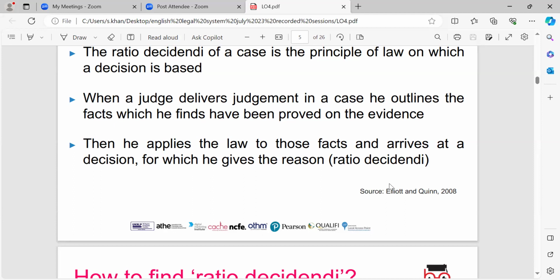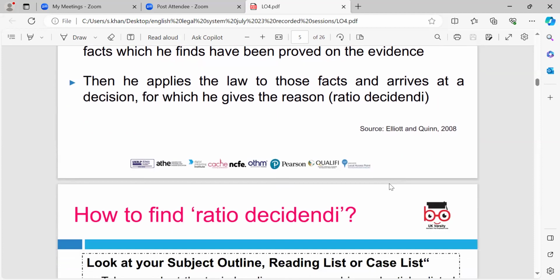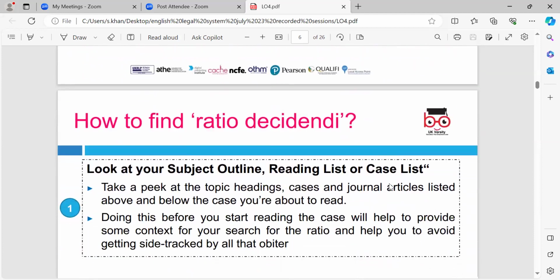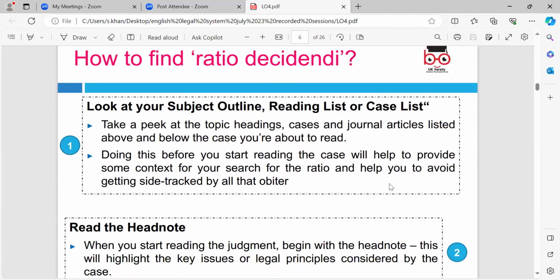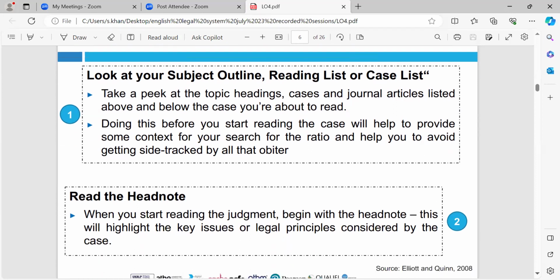The ratio decidendi is essentially the reason why the courts reached a particular decision. So how to find ratio decidendi: look at your subject outline, reading list or case list, take a peek at the topic headings, cases and journal articles listed above and below the case you're about to read.